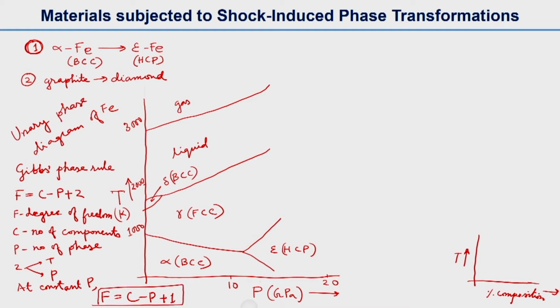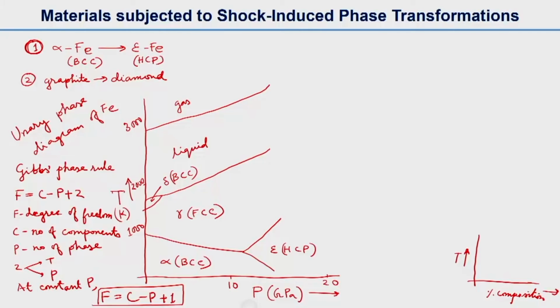I just want to remind you what the term component means. For example, in a water and ice system we have a single component, because water and ice are both H2O, but there are two phases, one solid and one liquid.